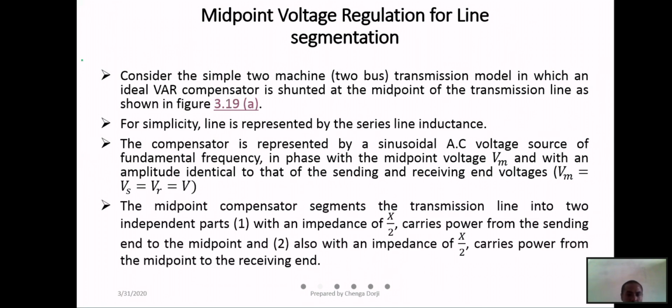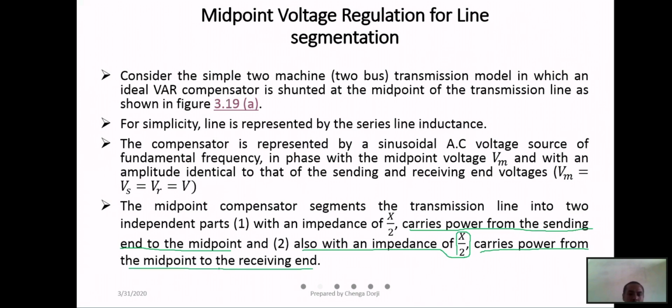Okay, so then another point, as I have already told you, the midpoint compensator segments the transmission line into two independent parts. We have seen part 1 and part 2. Part 1, with impedance X by 2, carries power from the sending end to this midpoint, and the second part, which has another half of the reactance, will carry power from the midpoint to the receiving end.